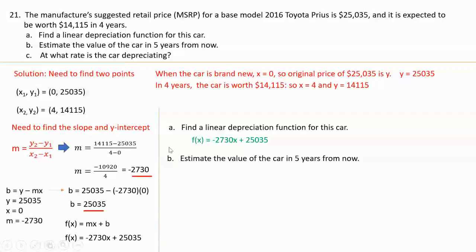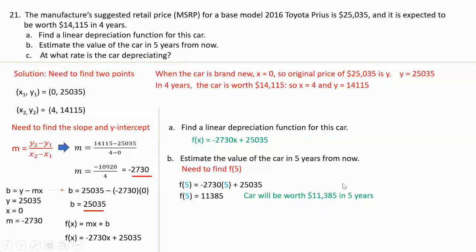So for B, we're going to evaluate f of 5, which means I'm going to go to the original function and plug in 5 for every x. We just evaluate. So it's going to give us 11,385. So for part B, the car will be worth 11,385 in 5 years.